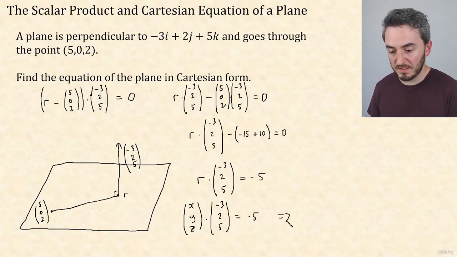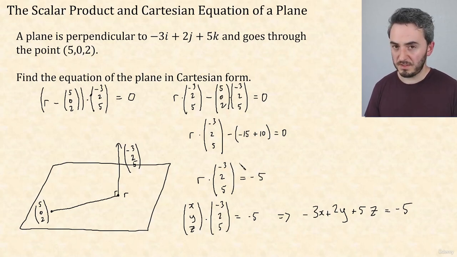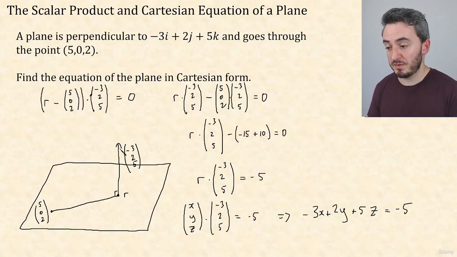And that implies that minus 3x plus 2y plus 5z equals minus 5. Now, that's the answer to the question, but there's a lot to take in here. Notice that the minus 3, 2, 5 is just the minus 3, 2, 5 here. And what is that? That's the vector which was perpendicular to the plane.